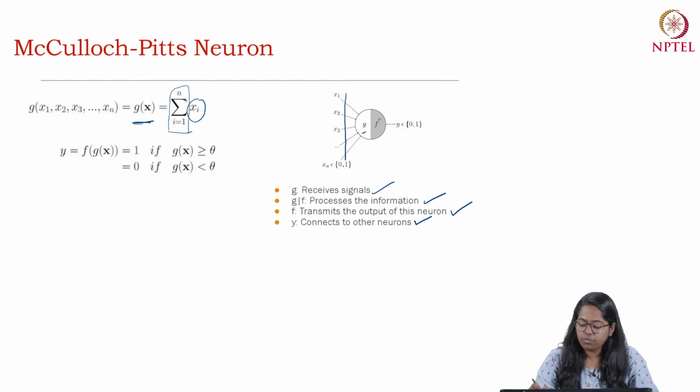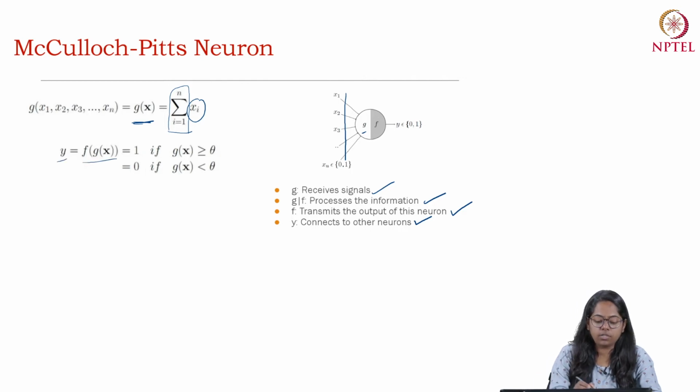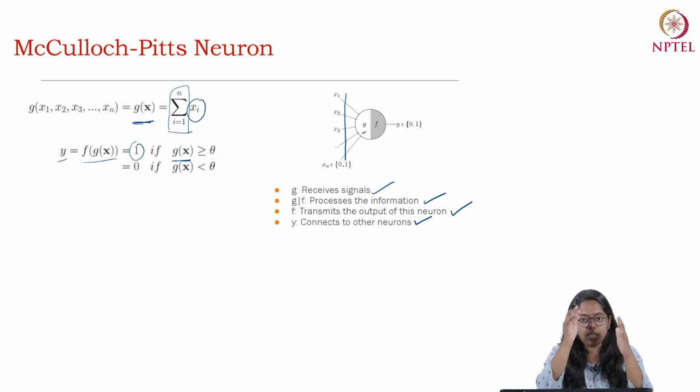Now we pass this g(x), this whole sum, to this function f, which is basically y, a function which gives us a value 1 if the value of g(x), or the sum of all the inputs, is greater than or equal to a threshold that we set. Then we say that the neuron is fired, or the value of y is basically 1. But if this value is less than this threshold, then this neuron is not fired and the value is basically 0. So now we'll understand this by an example.